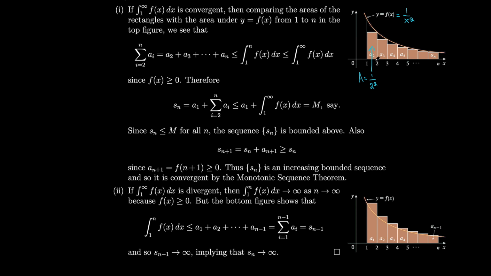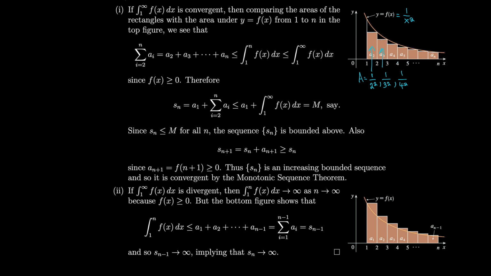And remember, the width is 2 minus 1, which is 1, so multiplying the y value by 1 doesn't change it. The next rectangle would have an area of 1 over 3 squared. Then we'd have an area of 1 over 4 squared, and so on. So if we take the sum of all of these areas, then we get an underapproximation for the area underneath the curve.